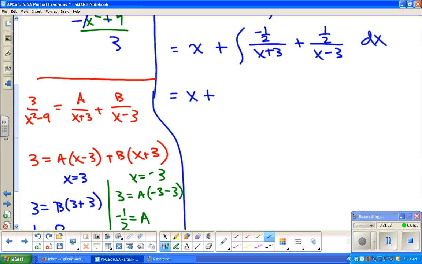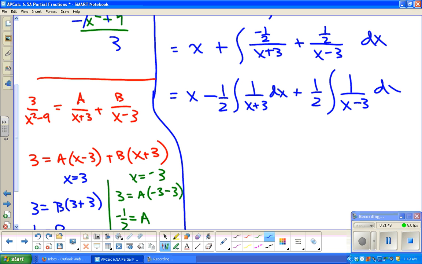And all I'm going to do is split this up, and I'm going to pull these numbers out in front anyway. So it looks kind of cheesy having the plus and negative, so I'll fix that. Minus 1/2. Okay, and we're almost done with this now. So it equals x minus 1/2 ln.